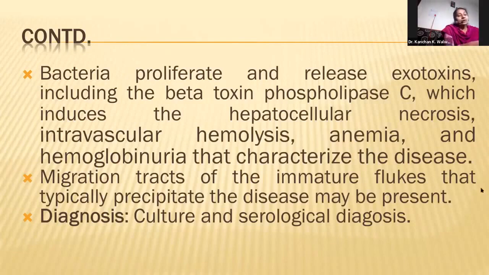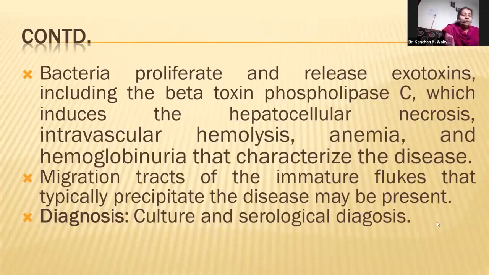Since the hepatic tissue is damaged, these amino acids or proteins are not being formed there, and that leads to hemolysis. This hemolysis leads to anemia and hemoglobinuria, and this is the characteristic of this disease. So the migratory tract of the fluke actually precipitates the disease.